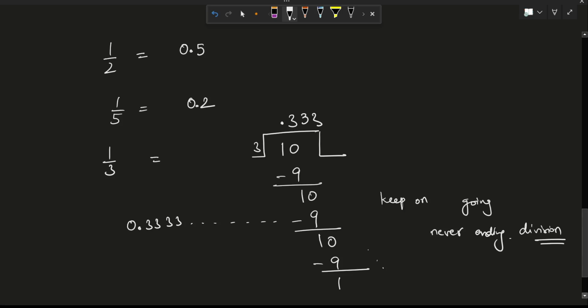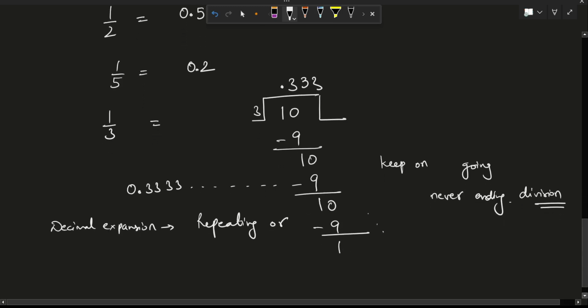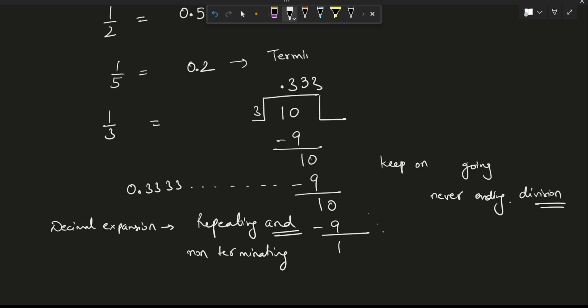So this type of decimal expansion is known as repeating and non-terminating. The one that I wrote earlier, 0.5, is a terminating decimal expansion.